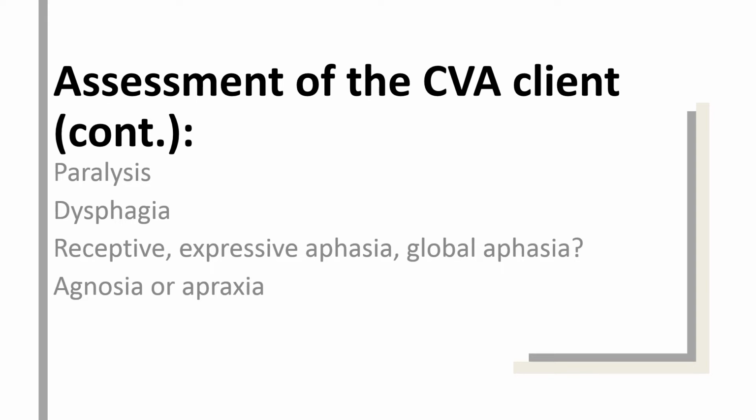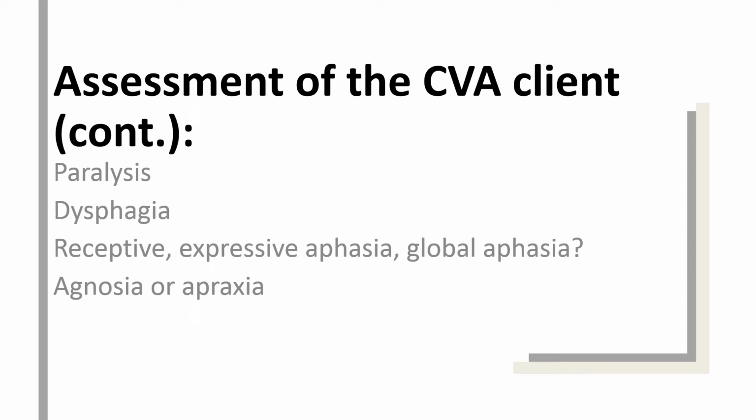The elbow, wrist, knee tend to flex, as well as internal rotation of the shoulder and external rotation of the hip joint. This results in cramping and spasms of the muscles, which can lead to contractures. In flaccid paralysis, you have complete loss of voluntary muscle movement with resultant muscle atrophy.